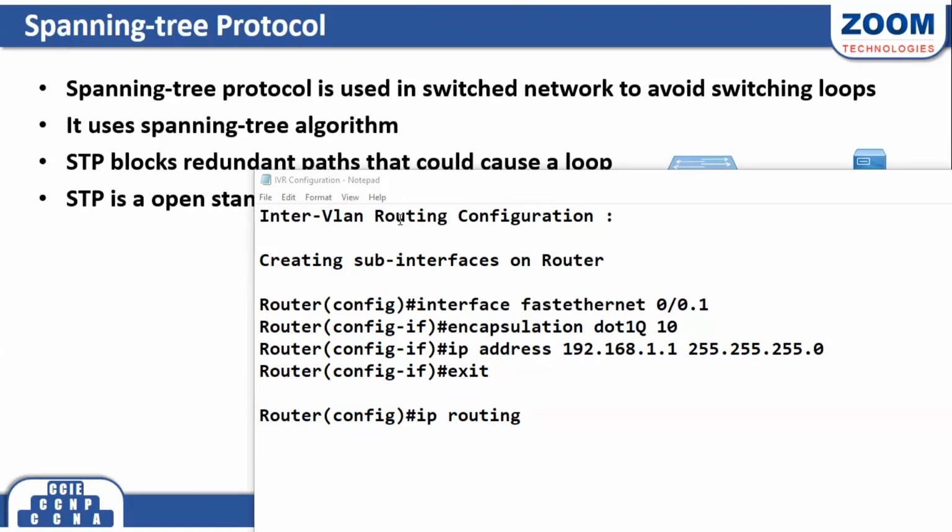So what's more important here, multi-layer switch or router on a stick? Both are used. The first method, legacy inter-VLAN routing using multiple physical interfaces, we don't use actually. Mostly two methods we use: a single interface creating sub-interfaces, which we call router on a stick, and multi-layer switch. These two methods we use in real networks.